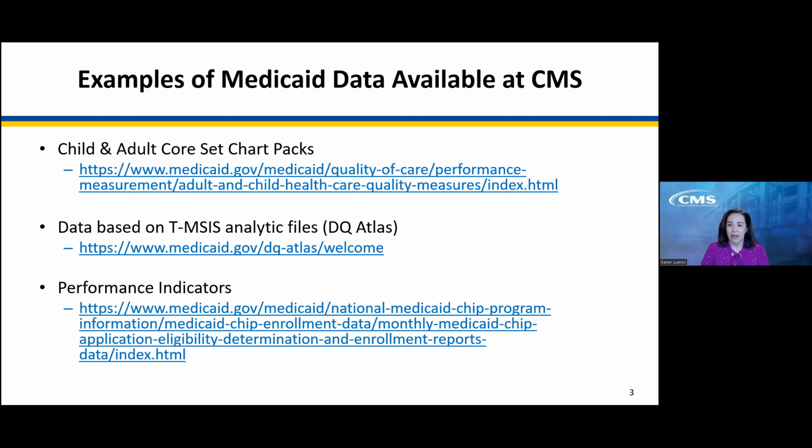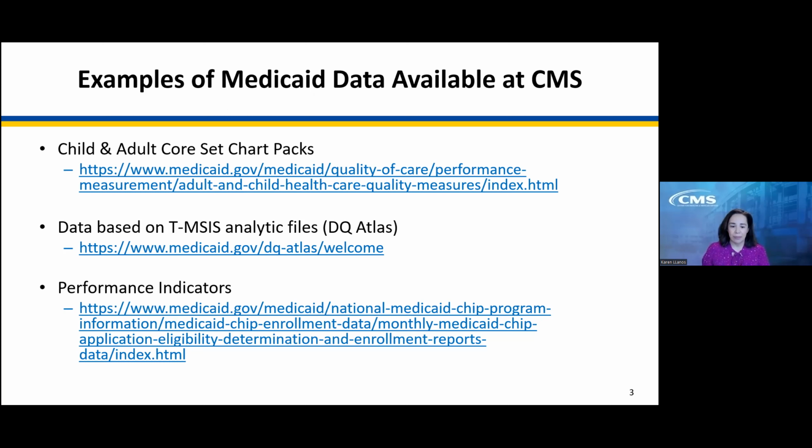And that allows folks to go in and really get into the nitty-gritty of the data. And then we've got a bunch of other information, but I've got performance indicators also highlighted because this is one that has a lot of information. It's updated pretty regularly, and it is enrollment data for Medicaid and CHIP. Lots of information that we like to pull in.